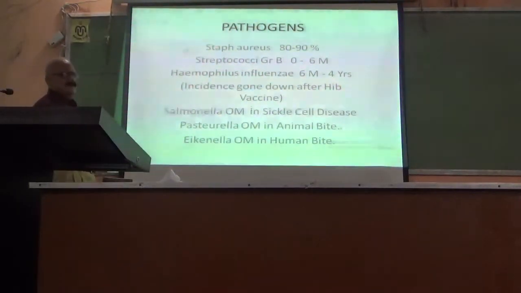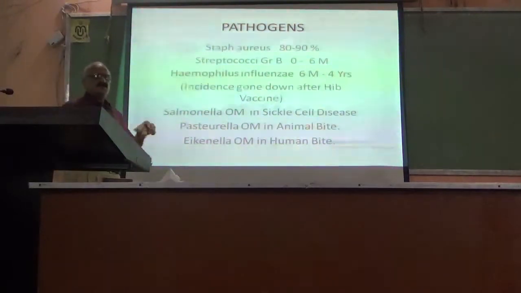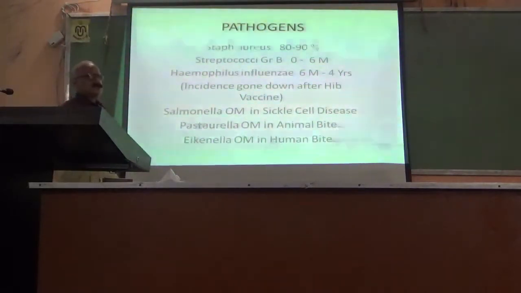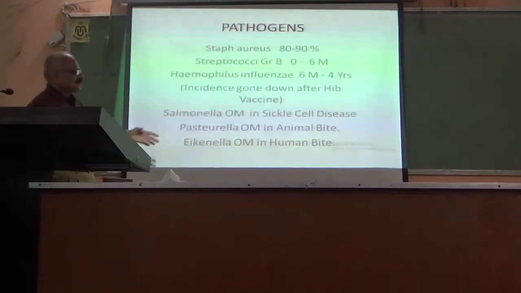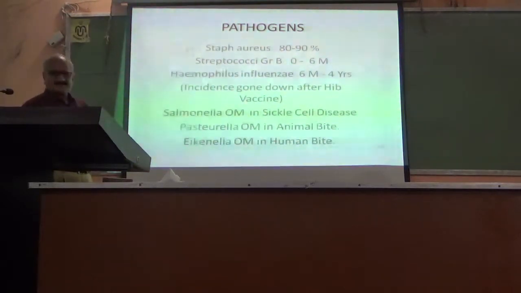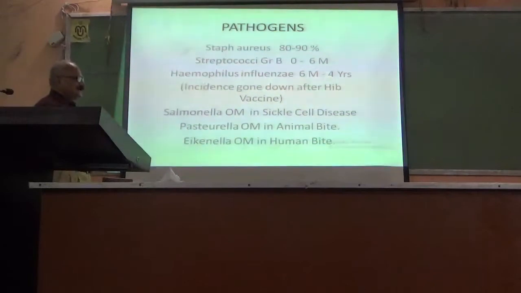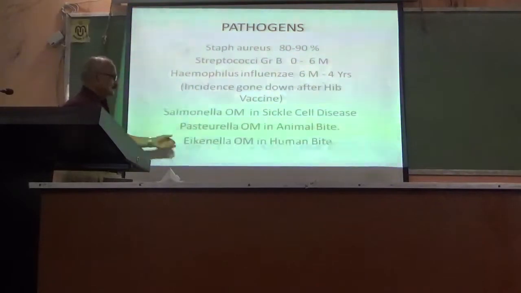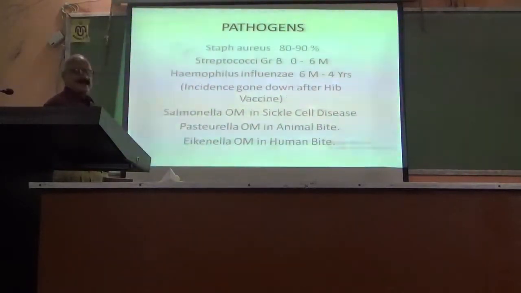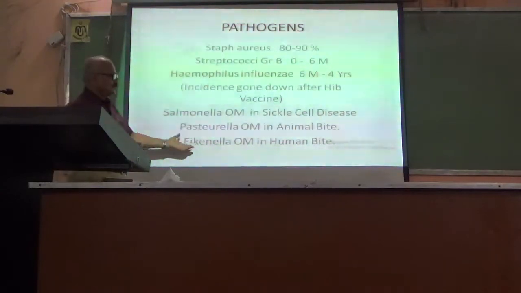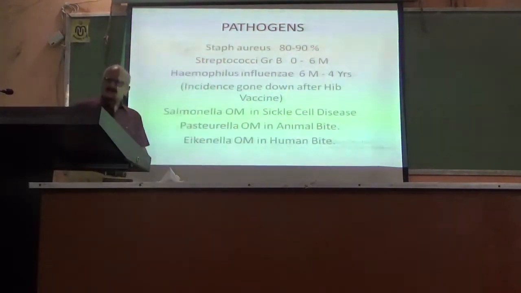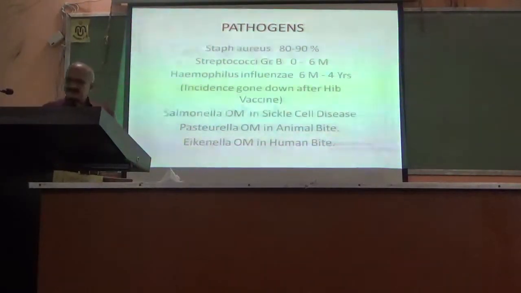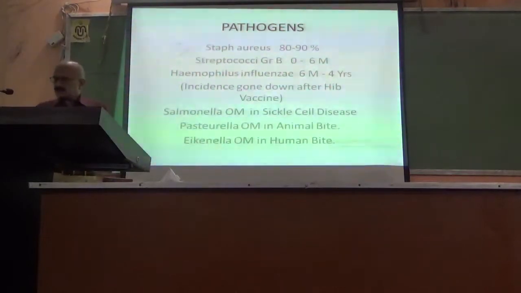And then coming to animal bites, direct inoculation of the bacteria onto the bone gives rise to acute osteomyelitis, and here the culprit is Pasteurella. And if the bite is none other than human, then the pathogen is Eikenella, and this gives rise to Eikenella osteomyelitis. So this is a depiction of pathogens found in case of osteomyelitis.